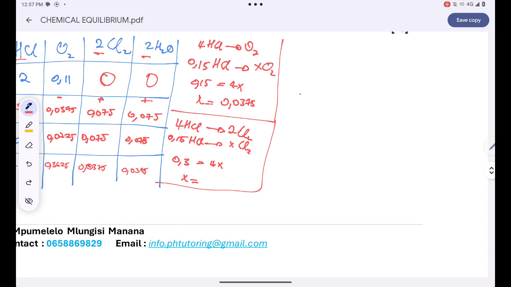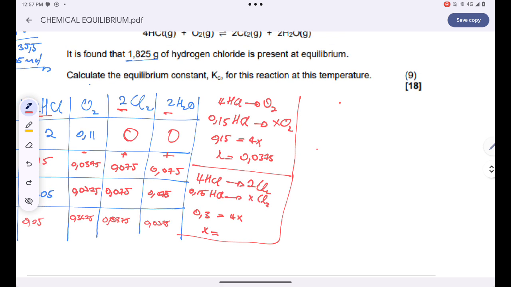So therefore the equilibrium constant Kc is the concentration of products. Our products, we had steam H2O squared and then Cl2 squared, all over oxygen multiplied by hydrogen chloride to the power 4.